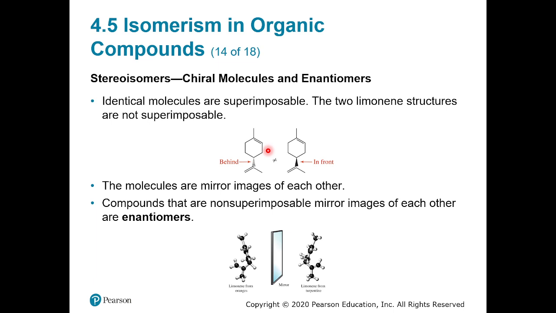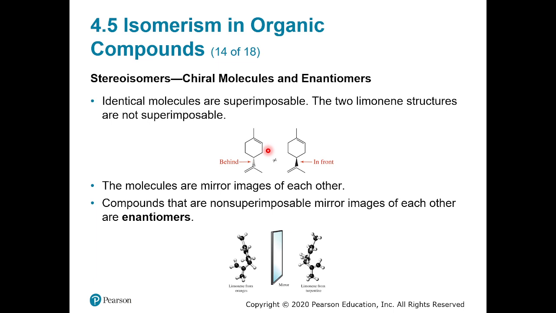That's like this one standing in front of the mirror. But if we tried to superimpose them and make them go on top of each other, it would look like our hands, right? They're mirror images, but I can't superimpose those, can I? They're not the same structure.